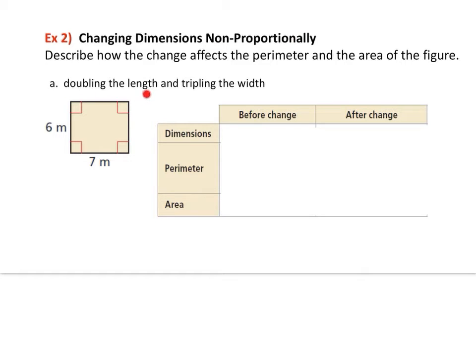So if I double the length and triple the width, so I have different scale factors for each dimension, that's what makes it non-proportional. We want to figure out the effects on the perimeter and the area. So before the change, go ahead and do all your calculations.